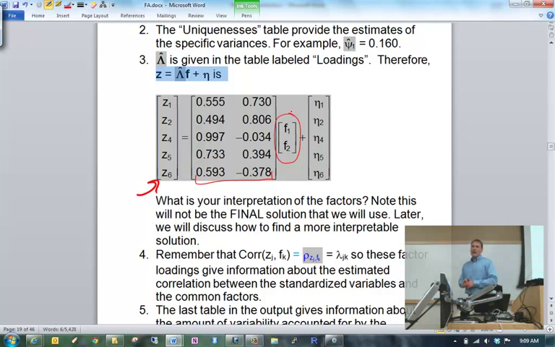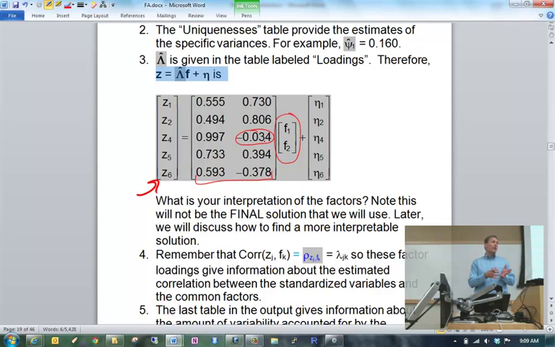And of course, this factor loading matrix, since it's allowing us to form these linear combinations, the lambda hats that are inside there really help us determine what these common factors are actually measuring. So if I have a lambda hat that is, let's say, close to 0, then that says that that corresponding factor then isn't playing a big role in determining what z is.